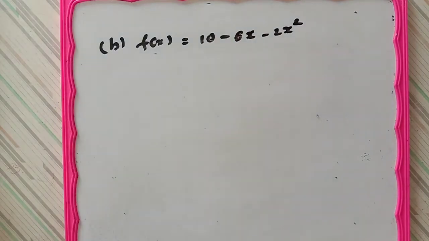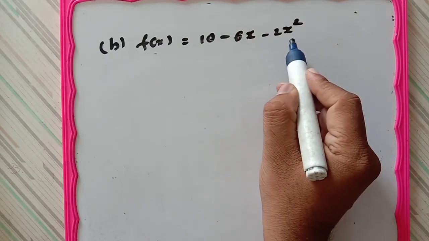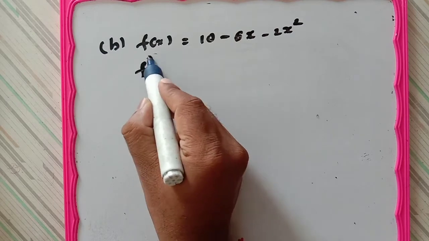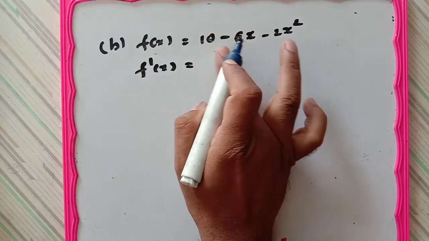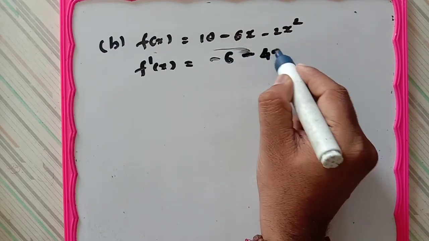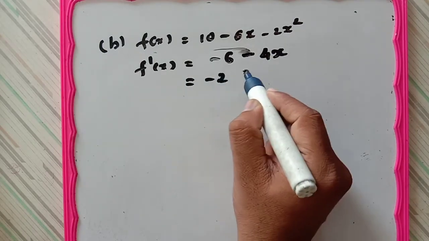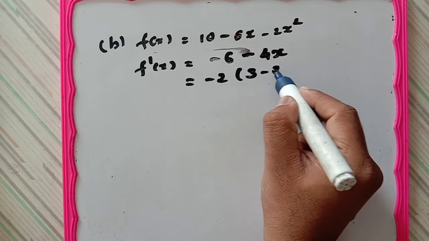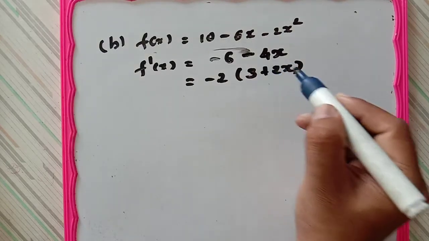We are given the second question, f(x) = 10 - 6x - 2x², and so we take the differentiation, then f'(x) = 0 - 6 - 4x. So -2 we take out common, then (3 + 2x).